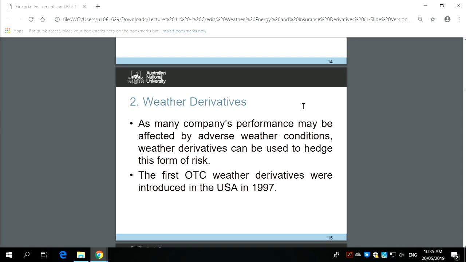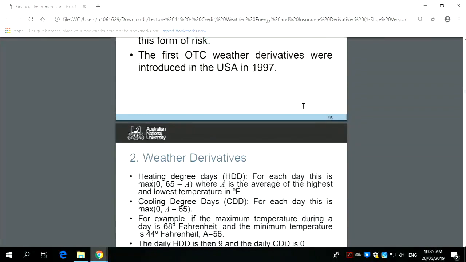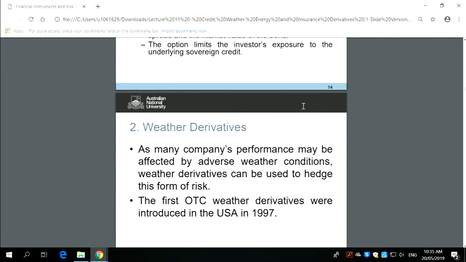So in the mid-90s, that's when the weather derivative came into play. It came into place in the 1990s because in California, the state government used to own everything.